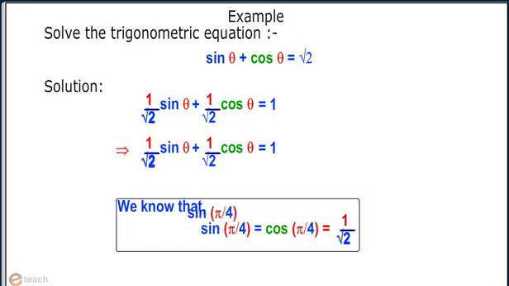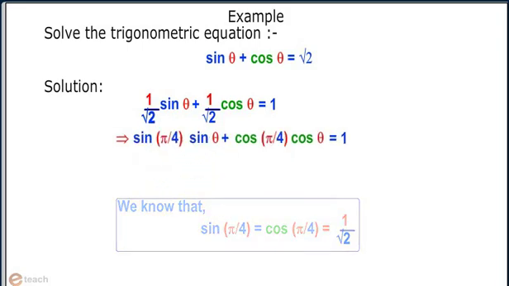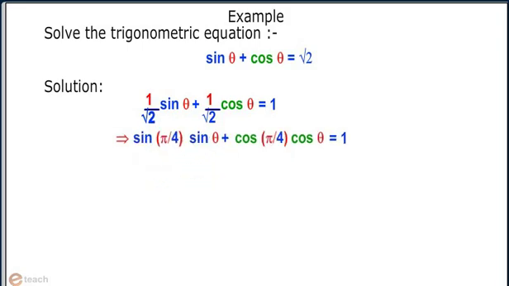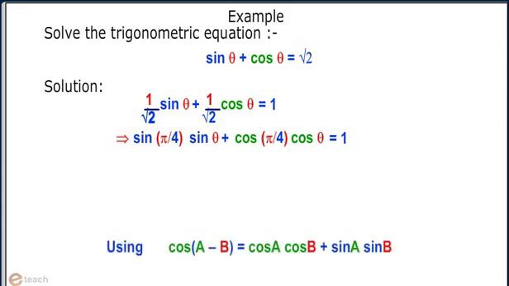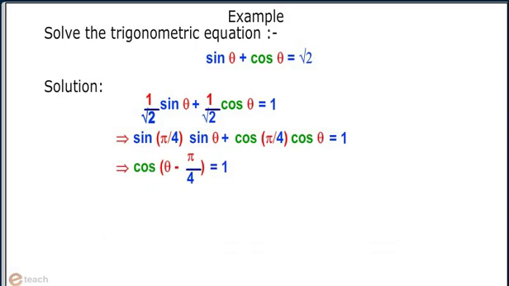So the equation becomes sin pi by 4 sin theta plus cos pi by 4 cos theta equals 1. Using cos (a minus b) equals cos a cos b plus sin a sin b, we get cos (theta minus pi by 4) equals 1.